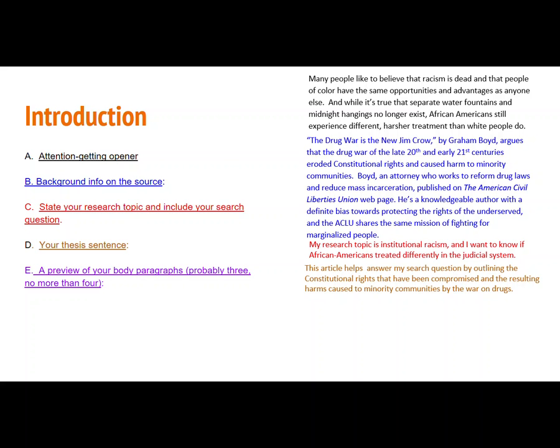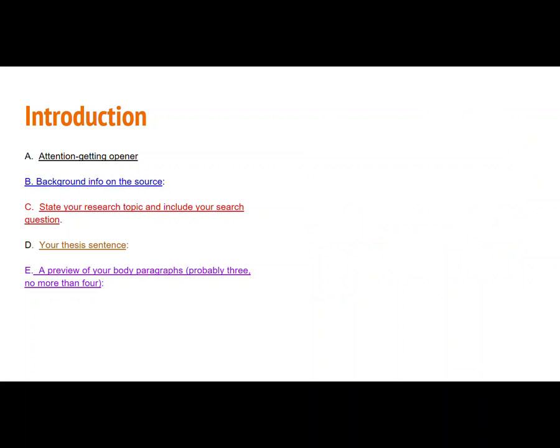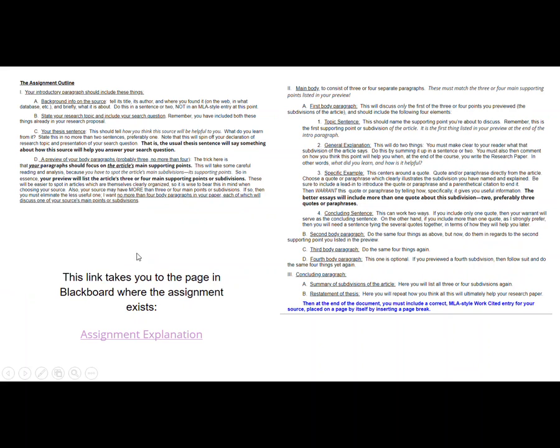So back up again to look at the preview, a preview of your body paragraphs. The trick here is that your paragraphs should focus on the article's main supporting points. So in essence, your preview will list the article's 3 or 4 main supporting points or subdivisions.